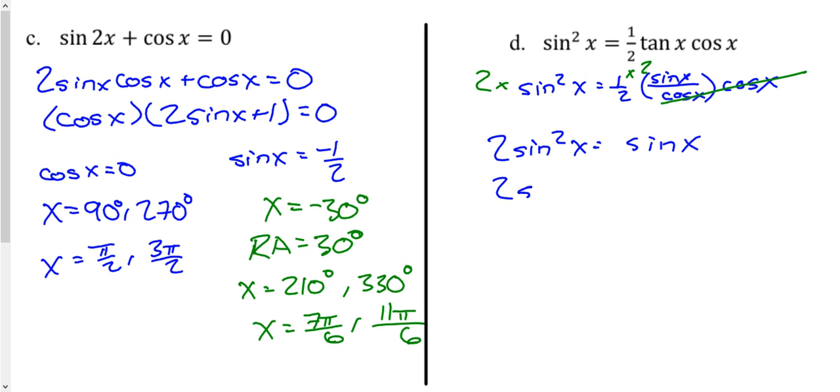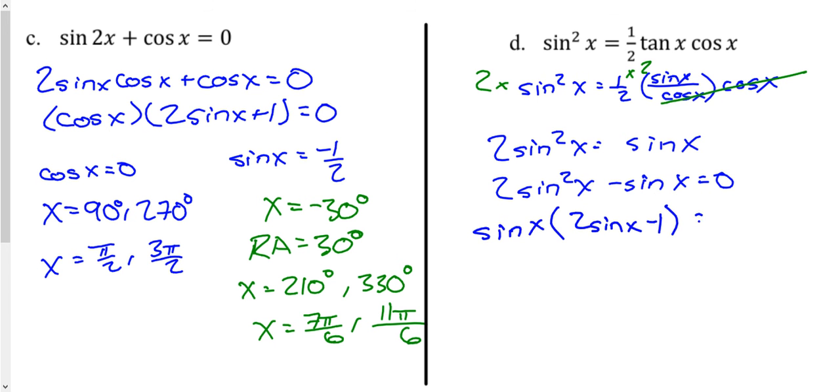So I have 2 sine squared x minus sine x equal to 0. Let's factor out a sine x here. So we end up with sine x times 2 sine x minus 1 equals 0. Setting both equal to 0, what do we get?